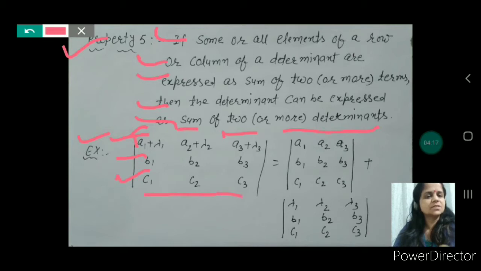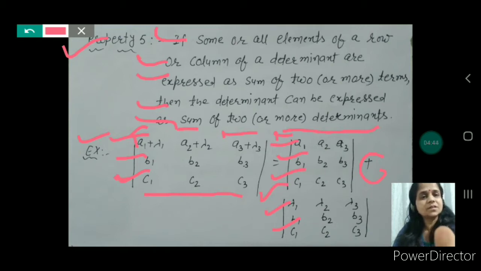Then this determinant can be expressed as a1, a2, a3 in the first row, b1, b2, b3 in the second row, and c1, c2, c3 in the third row, plus the determinant with first row λ1, λ2, λ3, second row b1, b2, b3, and third row c1, c2, c3.